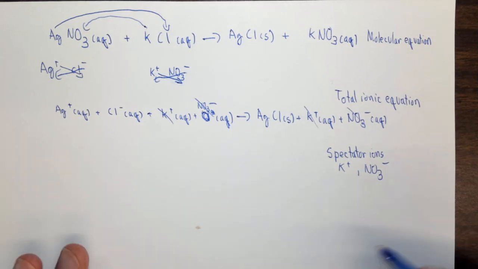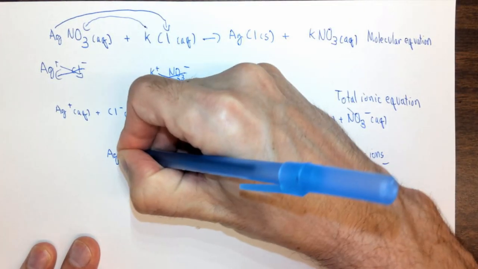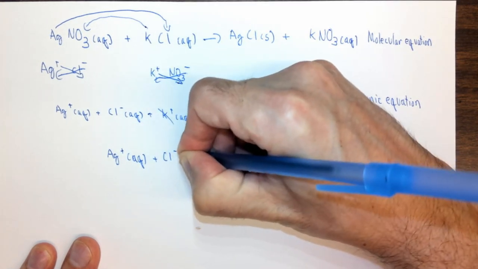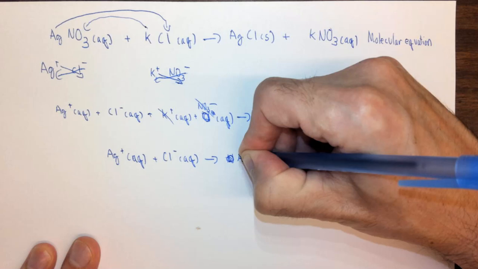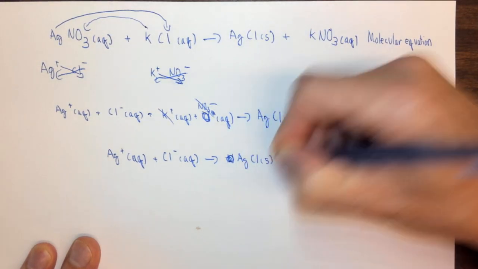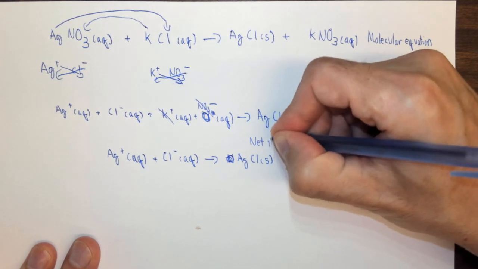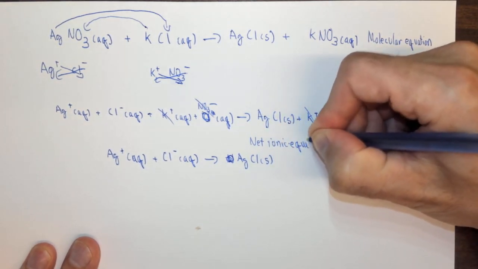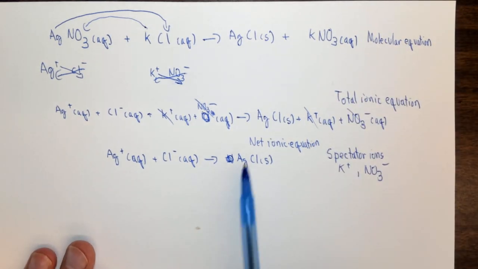Now if we write what's left, Ag plus aqueous plus Cl minus aqueous yields AgCl solid. This is what's called the net ionic equation, which is the aqueous ions forming something that is not aqueous.